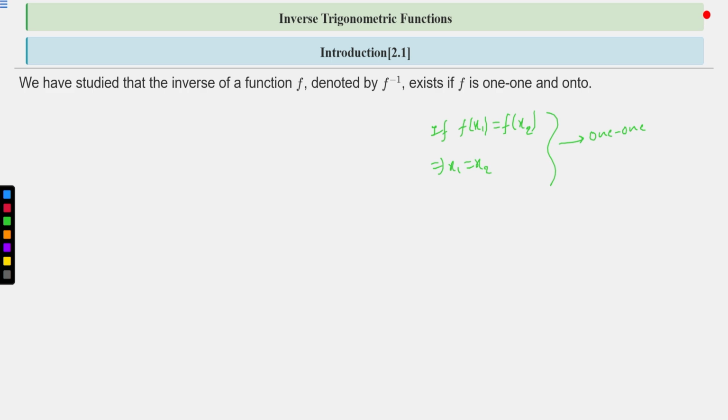And if the codomain of the given function is equal to the range of the function, then we can say that the function is an onto function, right? So if the inverse of a function exists, then both the conditions should be satisfied, that the function should be 1-1 and onto both. That is, the function should be bijective, right?